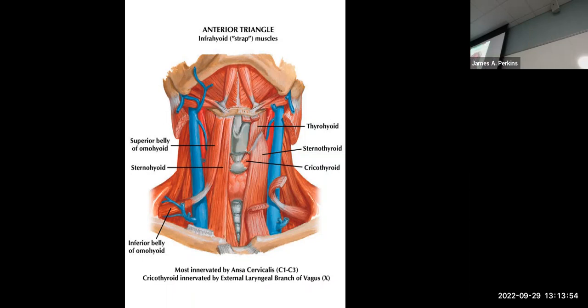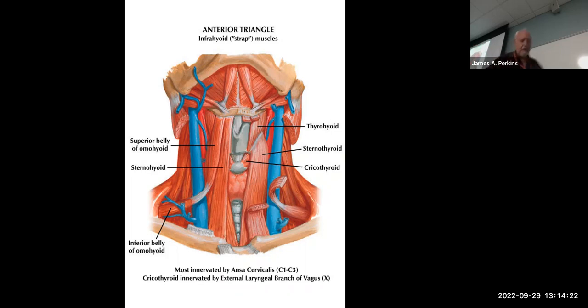But I think I told a few people in lab on Tuesday that omo actually means shoulder in Latin. I've always been kind of fascinated by this muscle because it originates on the scapula, right on the superior border of the scapula, very close to that little notch on the superior border of the scapula. And then the muscle comes from the scapula towards the front of the neck and then makes a turn.